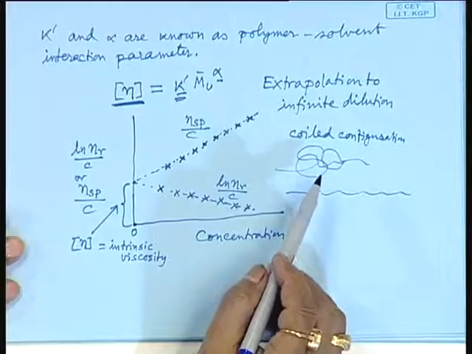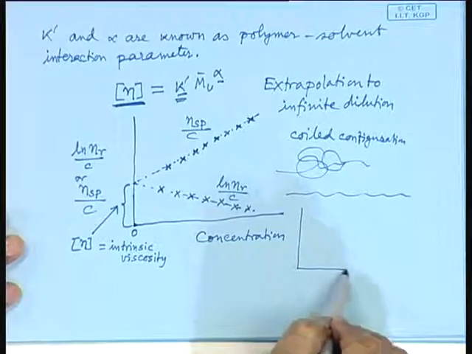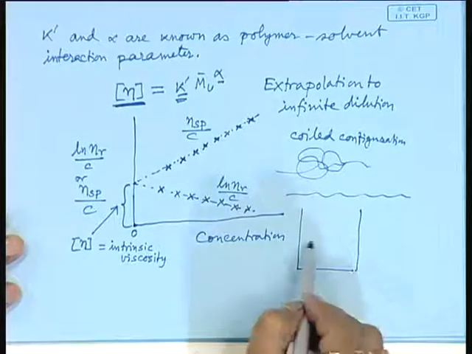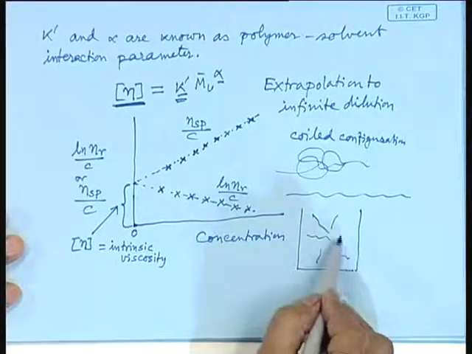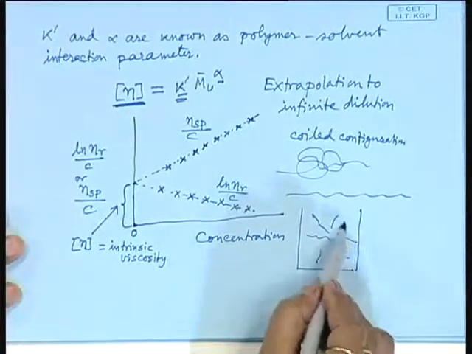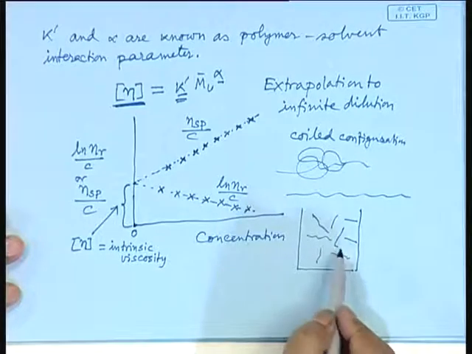So, the contact between one polymer molecule and another will be minimized in infinite dilution. In that hypothetical condition of concentration, we can expect that in a polymer solution you have isolated molecules not touching each other.